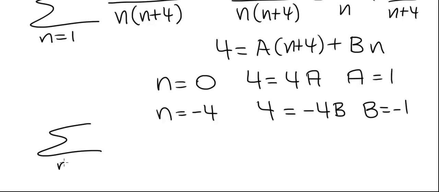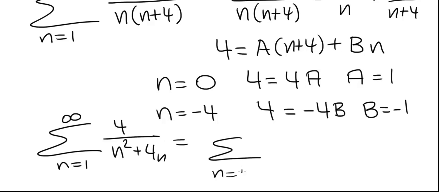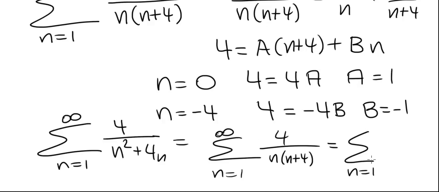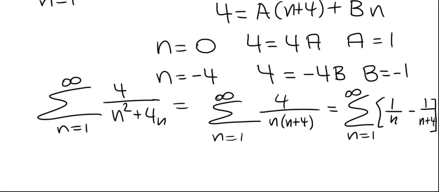Therefore, our series we started with, 1 to infinity of 4 divided by n squared plus 4n, is equal to the series from 1 to infinity of 4 divided by n times n plus 4. And now we can express it as the series from 1 to infinity of 1 over n minus 1 over n plus 4. So let's recall how a series is defined.